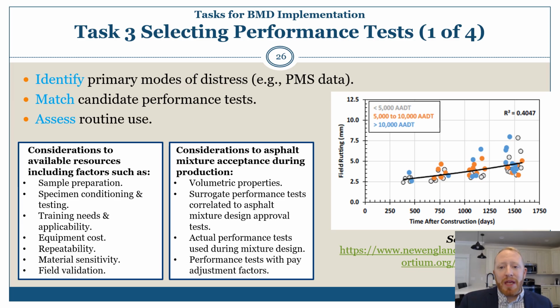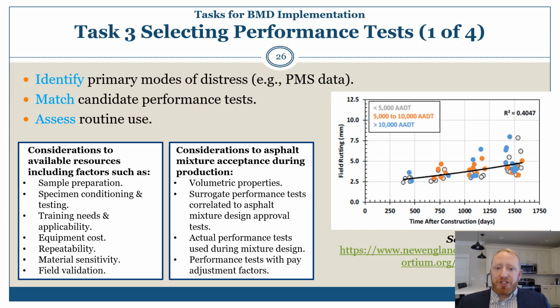Ellie talked about the BMD definition earlier, that it's trying to prevent the distresses, but the distresses may be different for each person that's listening to this, for each state, right? Certainly different in the northern and the southern parts of the country. So identify what are your primary modes of distress that drive pavement performance in your situation.